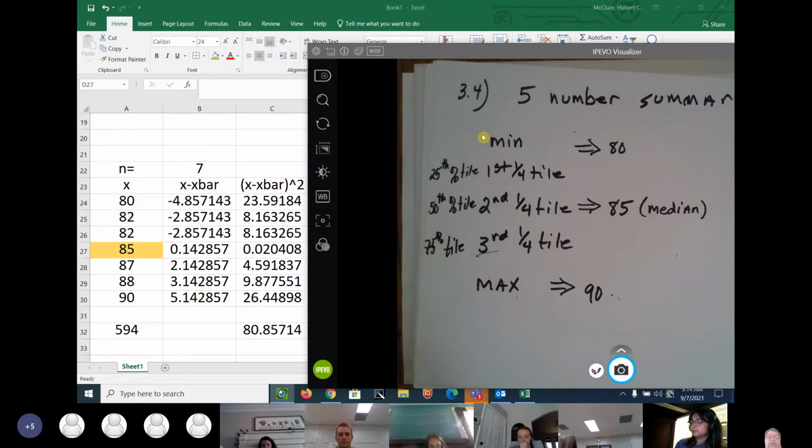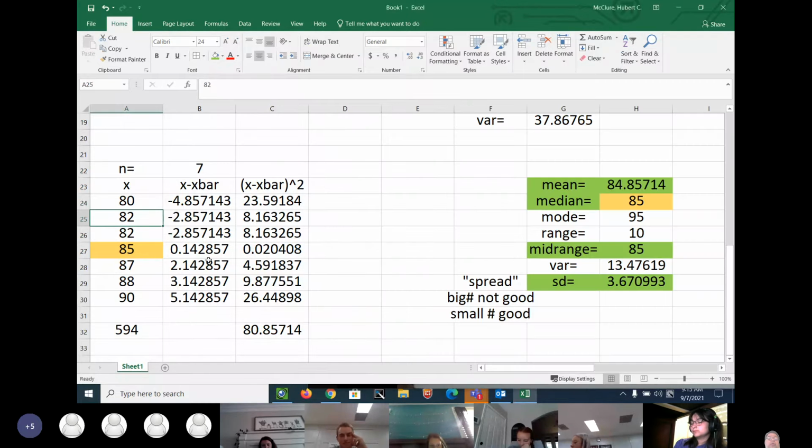All right, so how many numbers are above 85? Somebody tell me. 3, Hubert. Since 3 is odd, you just find the middle number. And that is your first quartile.